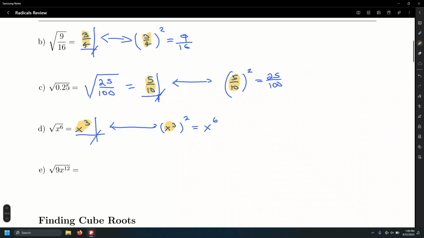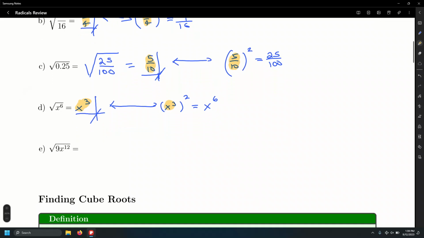Yep. Oh, letter E. Okay, that's a combination of a letter and an exponent. Now, here we're looking for a quantity whose second power equals 9x to the 12th power. What is that quantity? 3x to the power 6. 3x to the power 6?